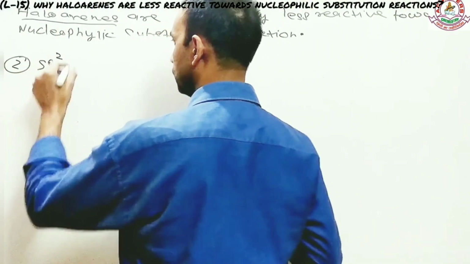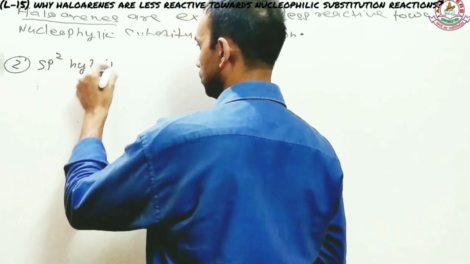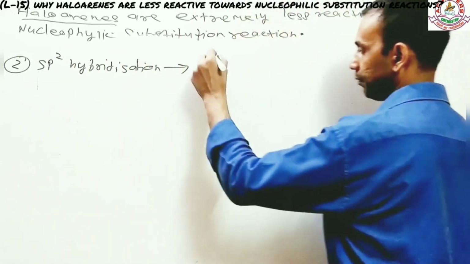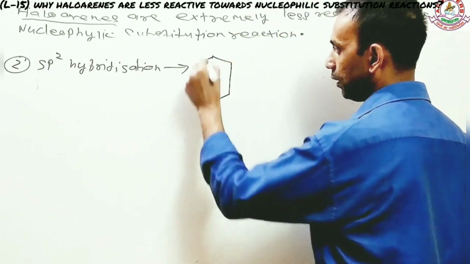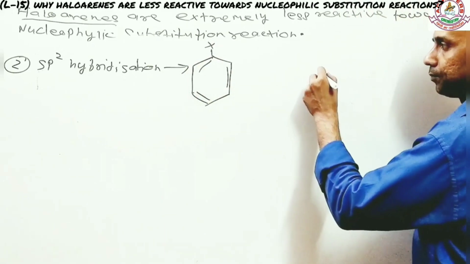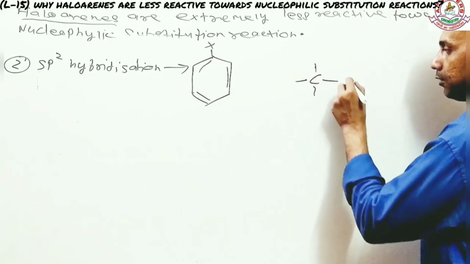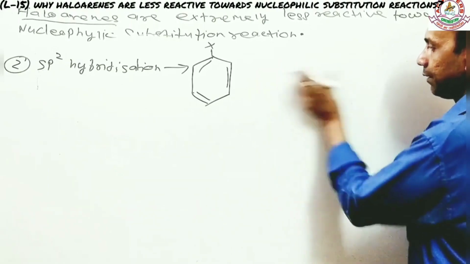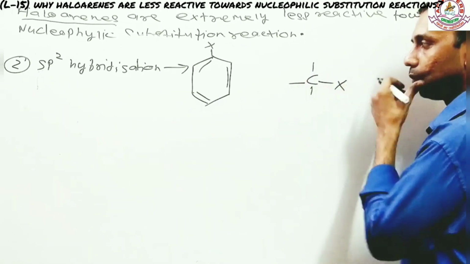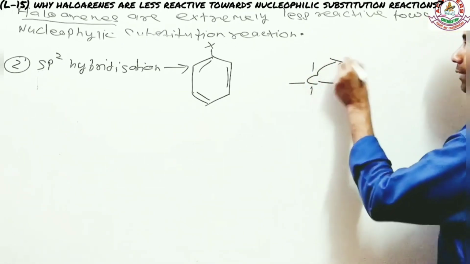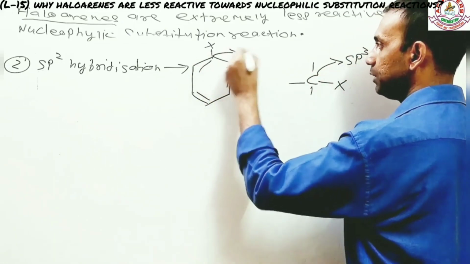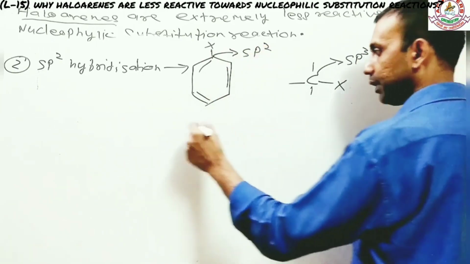So sp2 hybridization. In haloalkane and haloarene, we'll be comparing. This is your haloalkane. The hybridization of this carbon is sp3, and the hybridization of each of these carbons is sp2. So what is happening here?